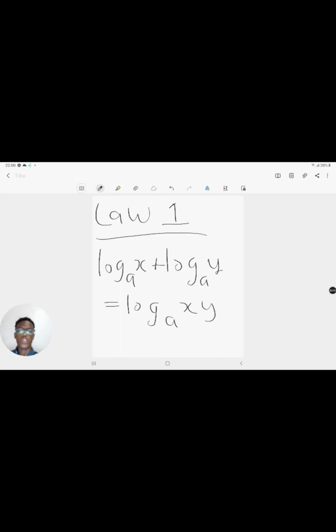Okay, these are very simple to understand and to follow. What does this mean? Well, it means that if you have the logarithm of x with base a plus the logarithm with base a of y, then what you have is you multiply these two numbers and you use the same log with that very same base that these two share.